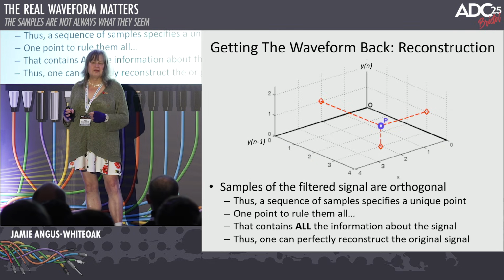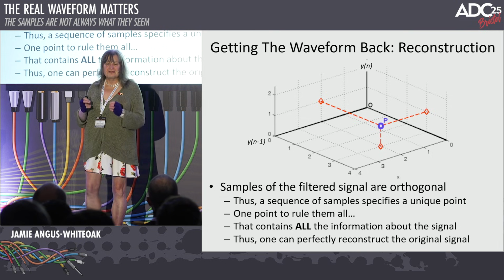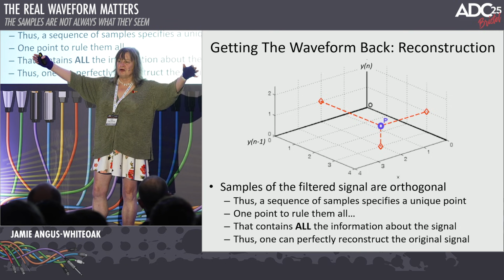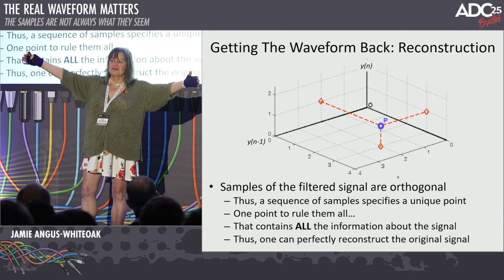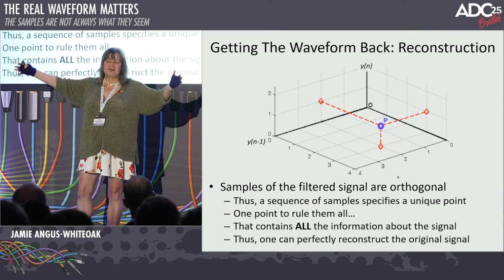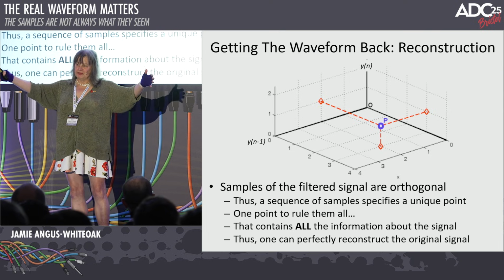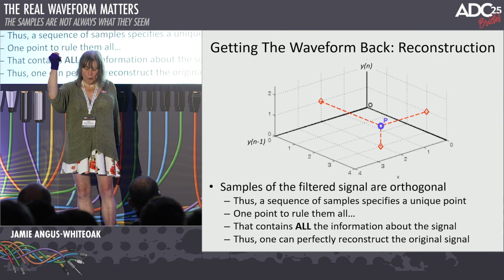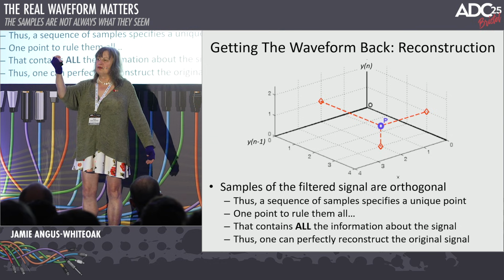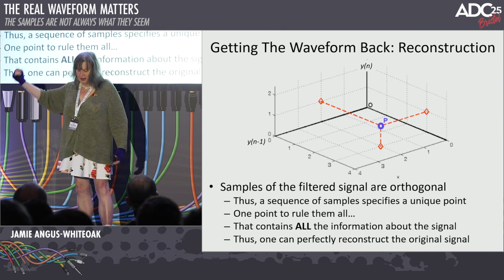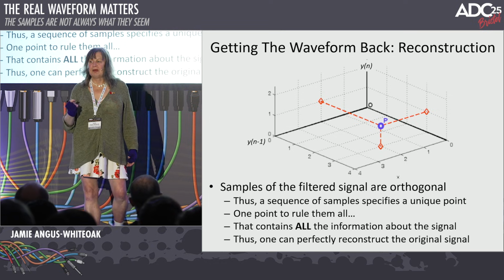So we can look at them as orthogonal signals. That's a sequence of samples. If we took a whole song with n samples, what we've got is a set of n coordinates in multidimensional space describing one point to rule them all. It contains all the information of that signal.